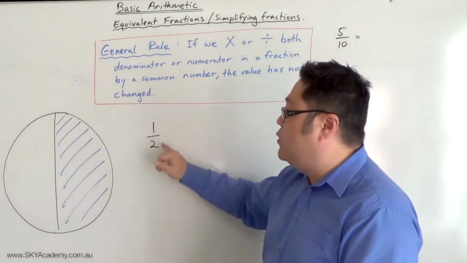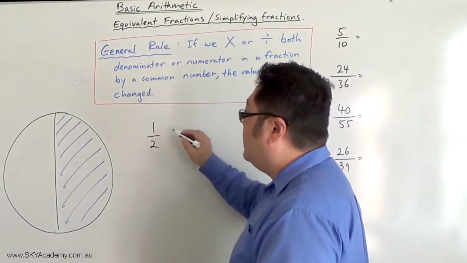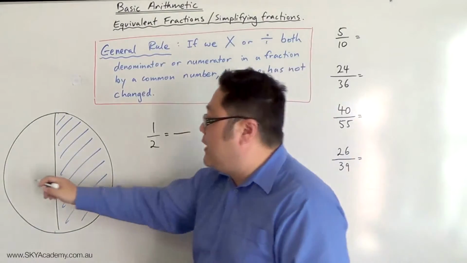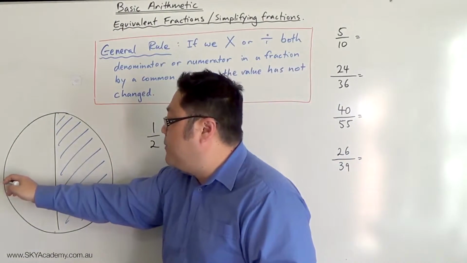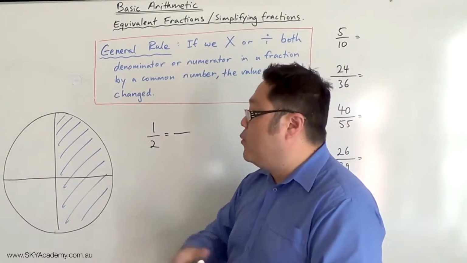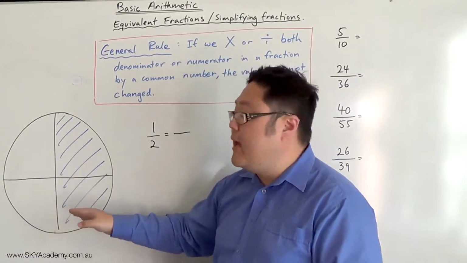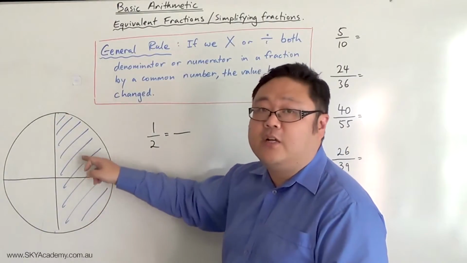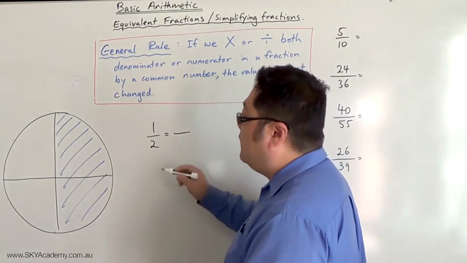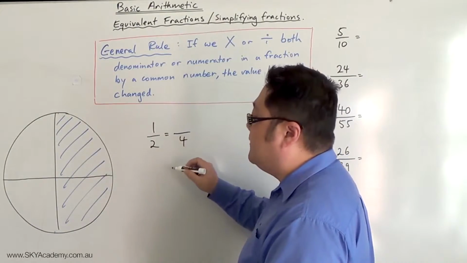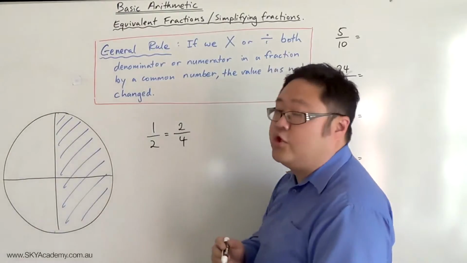Now, 1 on 2 as a fraction is also equal to, what would happen if we cut those two pieces in half again, so that now we have quarters. How many quarters have we now set aside? We've set aside 2 quarters. So we've divided this pizza up not into 2 pieces but into 4 pieces, and we've set aside 2.